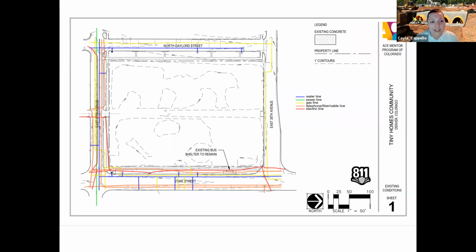Jessica went through our site with a similar eye and highlighted all the utility information that was given to us from our site plan as part of our RFP. You can see based on these different colored lines the surrounding utilities, and as we expect, and like we were looking at in that previous diagram, a lot of them are existing through those major streets.